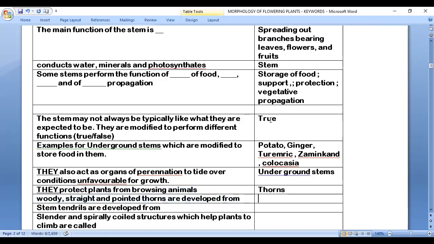Thorns: woody, straight and pointed thorns are developed from axillary buds. Stem tendrils are also developed from axillary buds. Slender, spirally coiled structures which help plants to climb are called stem tendrils.